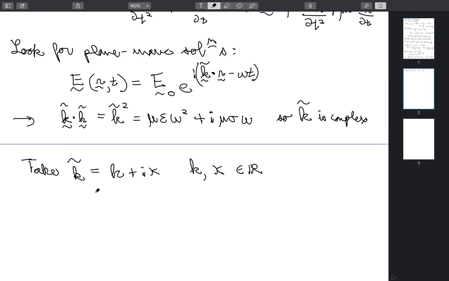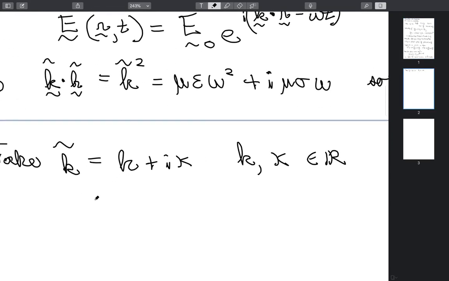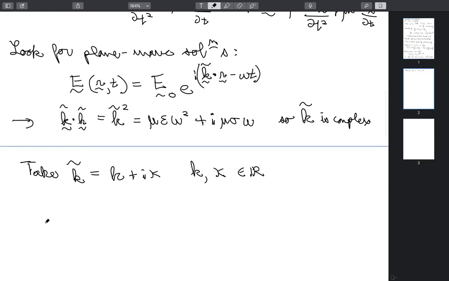What we get if we solve this equation here is that the k here is going to be given by the roots of this equation here.